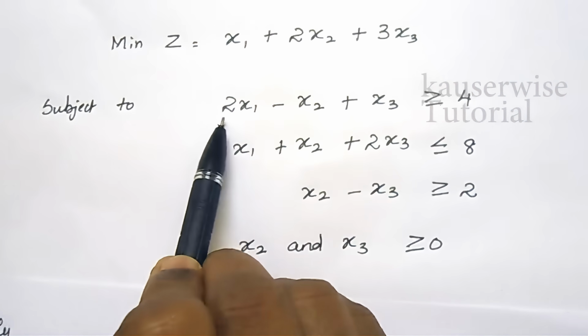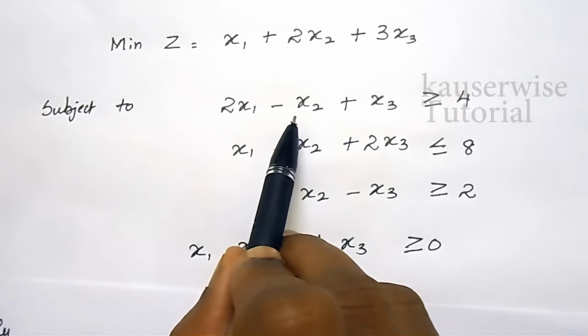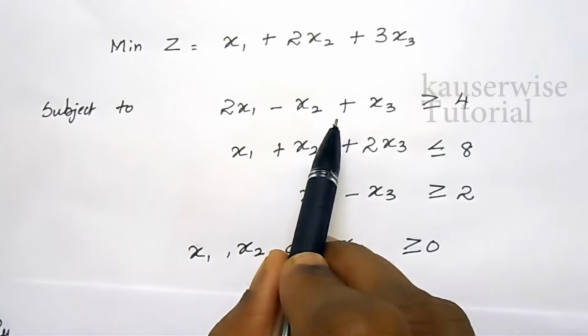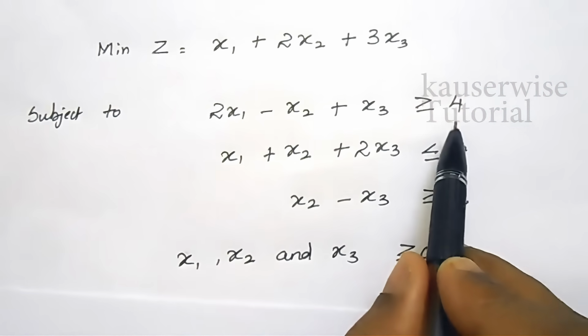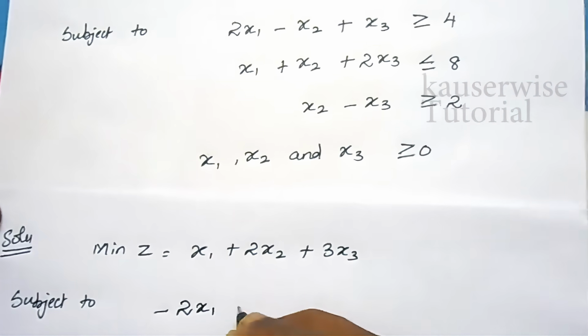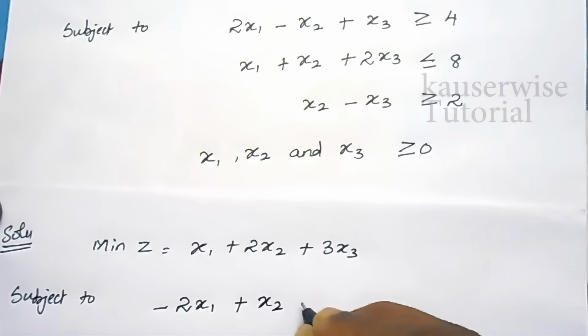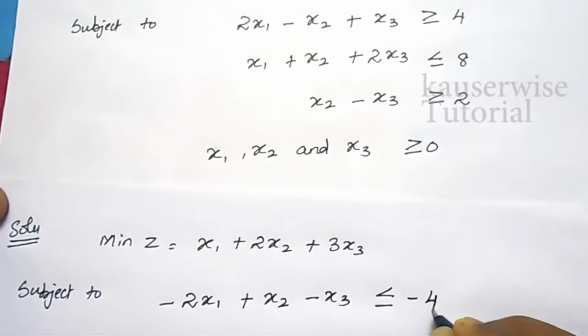So the first one is 2x1 will be minus 2x1. Minus x2 will be plus x2. Plus x3 will be minus x3. And plus 4 will be minus 4. Less than or equal to minus 4.